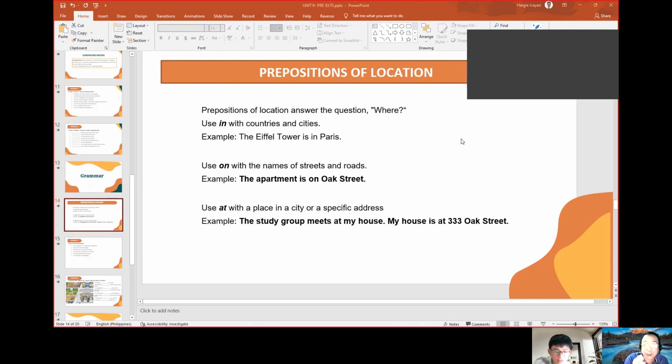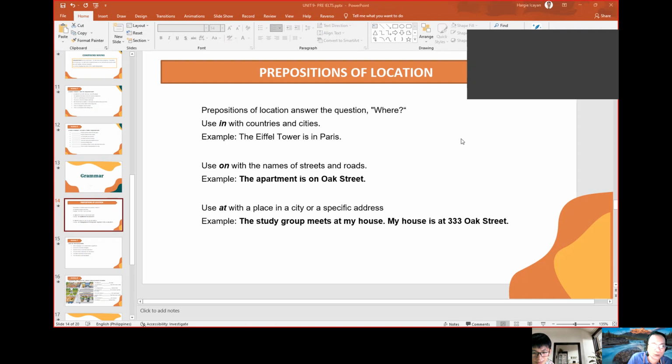You just have to limit using "in" to when we are talking about cities and countries. What about "on"? On, we use with the name of a street and road, without a number in it. It's just the streets and roads without a number, so we have to use "on".